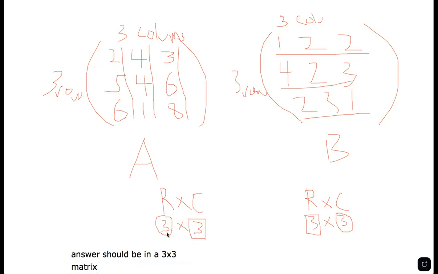That is when the row of matrix A and the column of matrix B are used, the product of them is what the final answer should be. But matrix A and matrix B will be able to be multiplied only when the column of matrix A is equal to the row of matrix B.